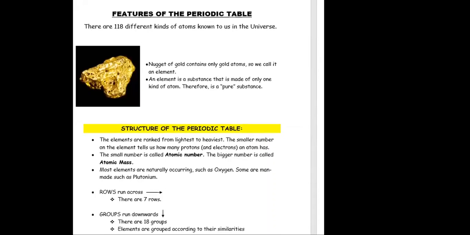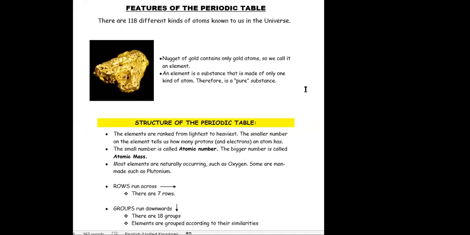Okay, now let's look at this screen over here. The features of the periodic table. There are all in all 118 different kinds of atoms known to us in the universe. So everything around you is made out of a combination of these atoms or elements, or the elements on their own.